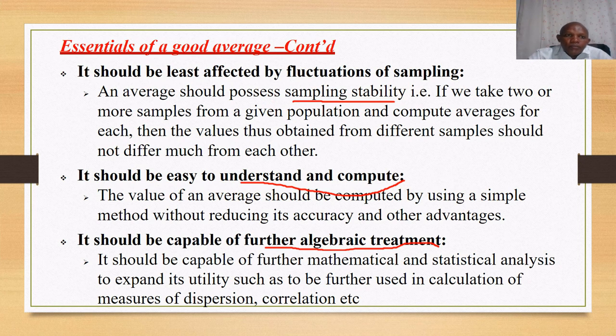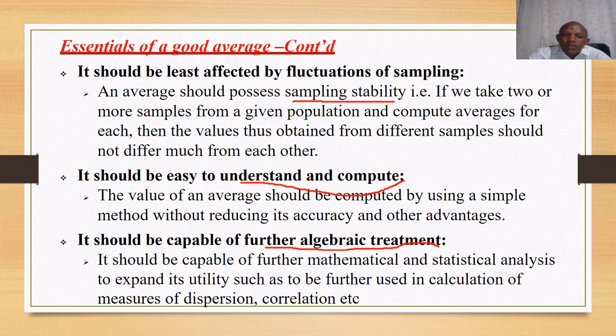Now, a good average also should be least affected by fluctuations of sampling, or what we call sampling stability. As I've just explained, the values obtained from different samples should not differ significantly from each other. That's what we mean.